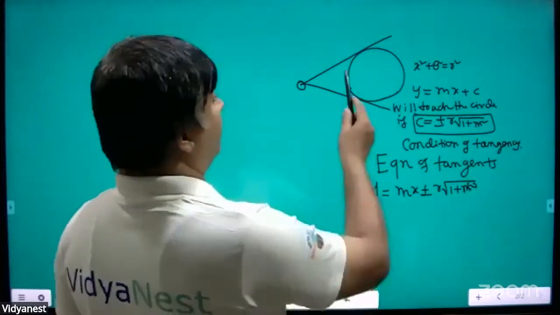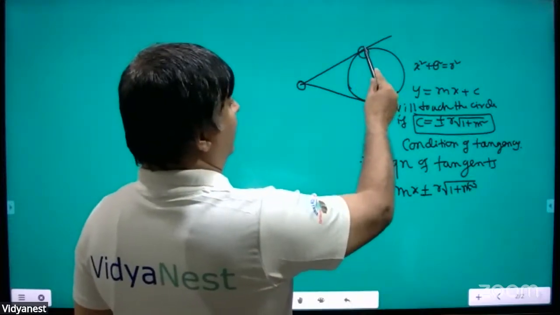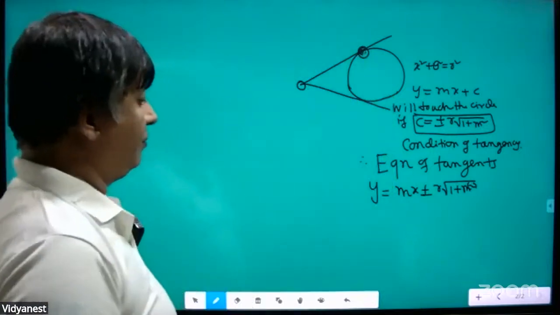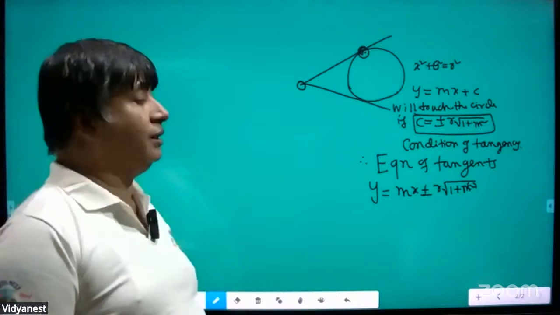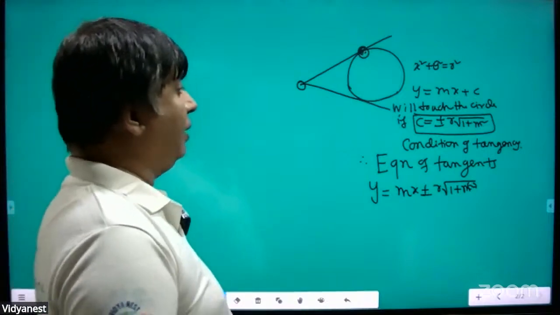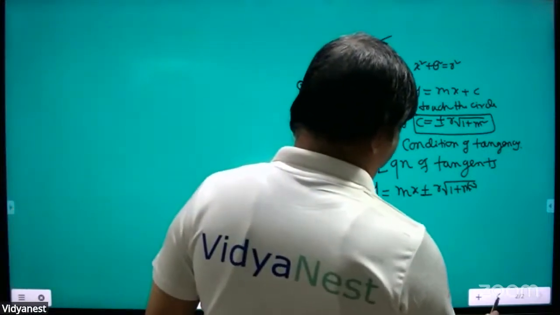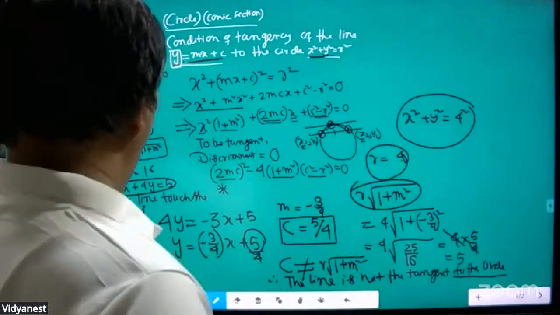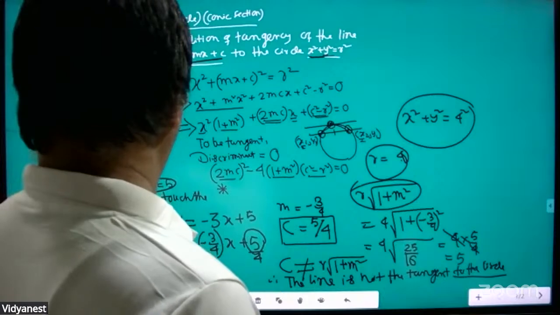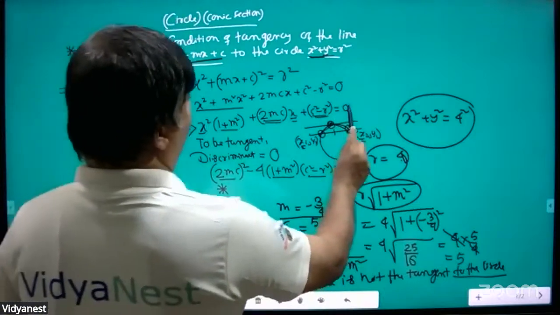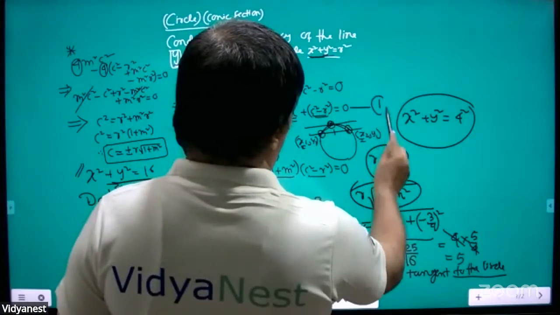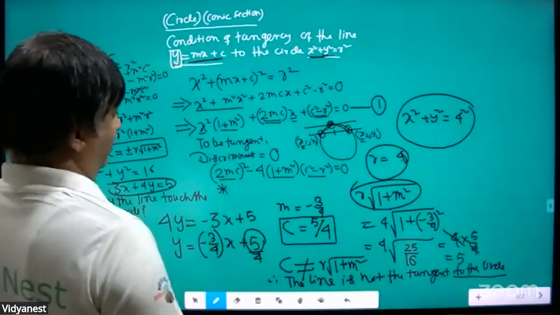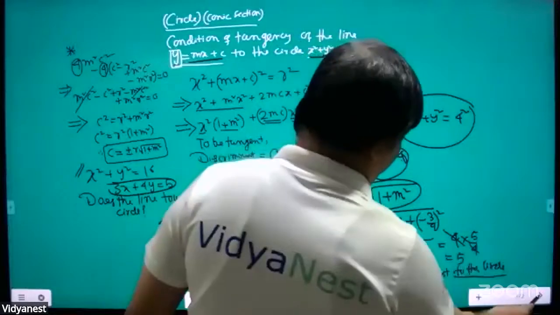नाउ कहां टच करेगा? पॉइंट ऑफ कांटेक्ट हमको निकलना है. पॉइंट ऑफ कांटेक्ट निकलने के लिए फिर प्रीवियस बोर्ड में जाना पड़ेगा. ये जो इक्वेशन, इसको हम लेवलिंग करता है 1 से. दैट इक्वेशन टू बी रिकॉल्ड अगेन, यू राइट.